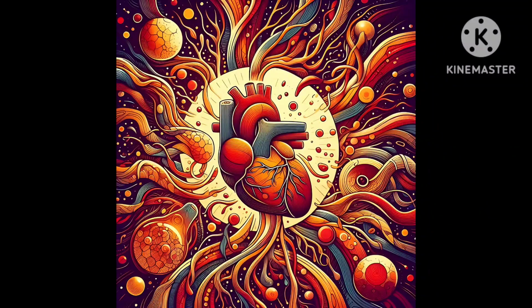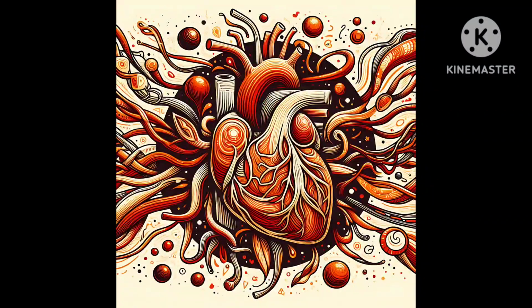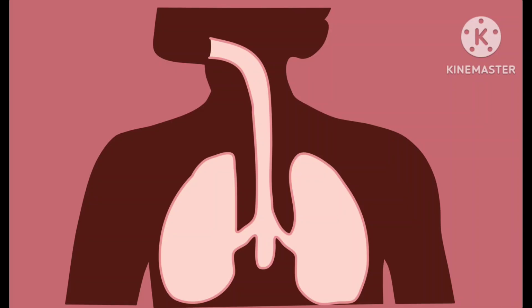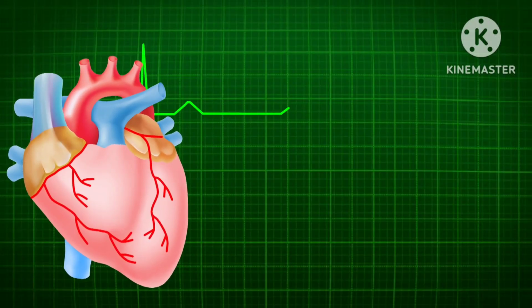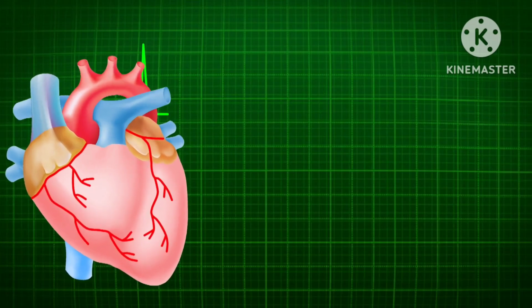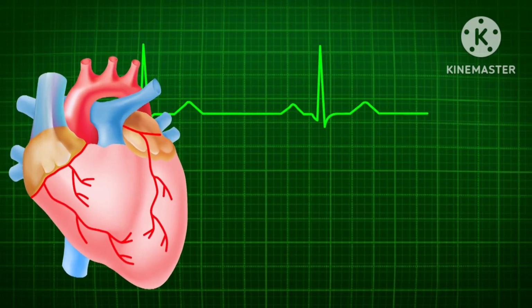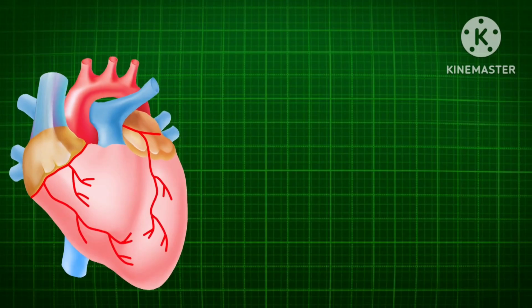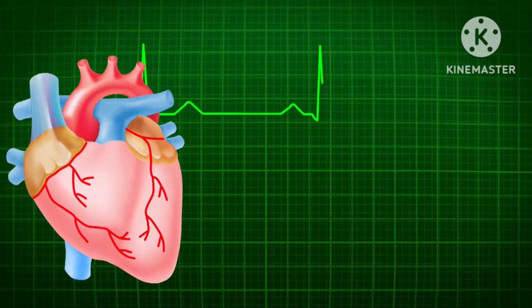Now, the heart. The heart is divided into two sides. Each side of the heart has two parts. The upper blood-receiving part of each side is called an atrium. The lower blood-distributing part is called a ventricle. Ventricles are larger, thicker-walled and more powerful than atria. The right side blood gets oxygen and gives up carbon dioxide.